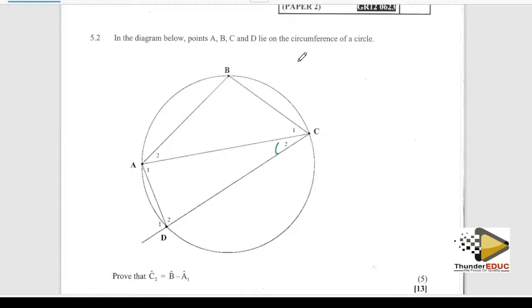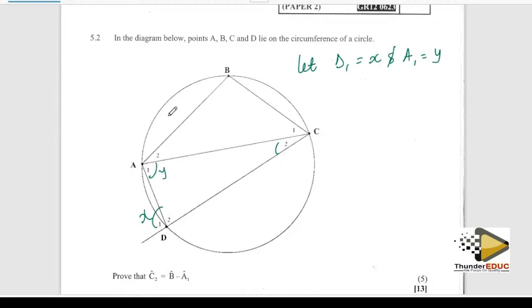I'm going to start by letting, what can I let? I can let my D1 be X. And then I'm going to let my A1 be Y.